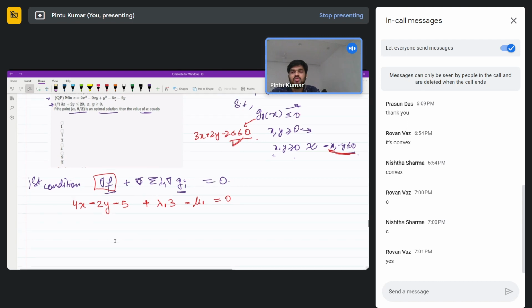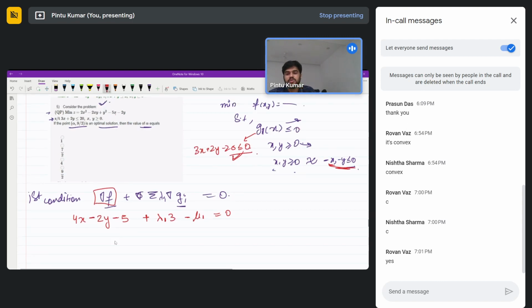Now, if you take the derivative with respect to y, we get another condition: minus 2x plus 2y minus 2 plus 2 lambda 1 from the constraint, minus mu2 is equal to 0.